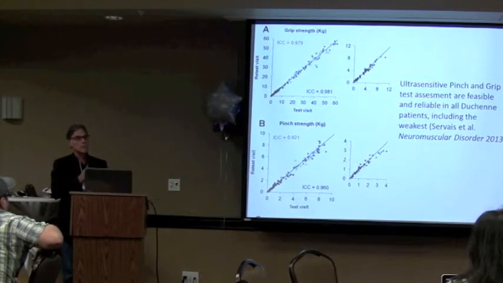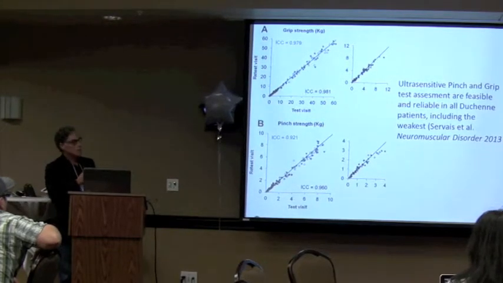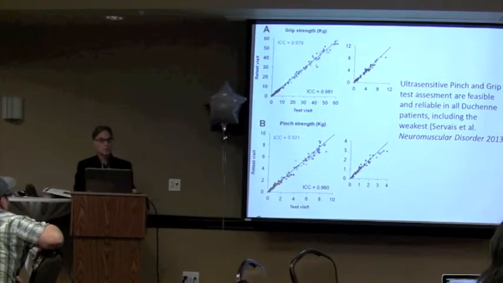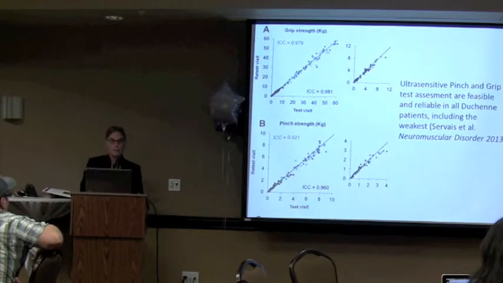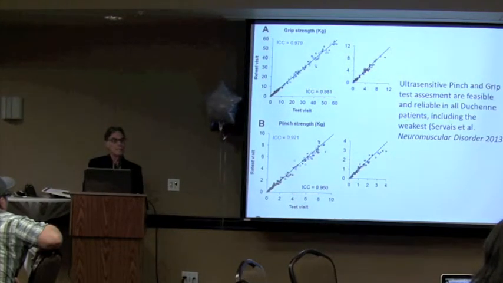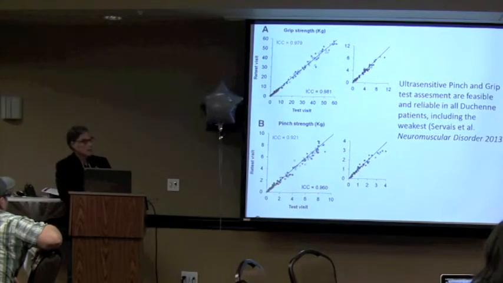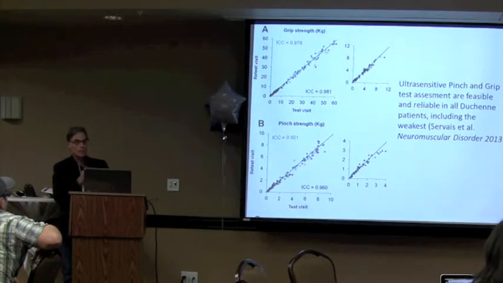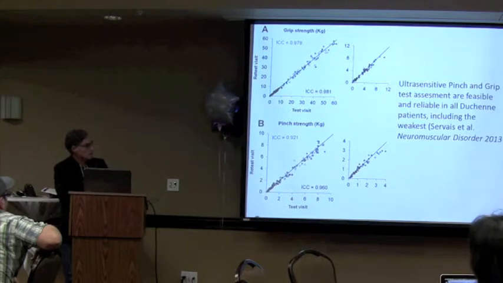So these tools appear to have the sensitivity that we need in terms of measuring function in patients with MTM, and also the ability to discriminate between patients even at these very low levels.